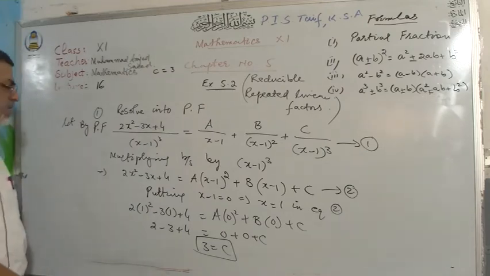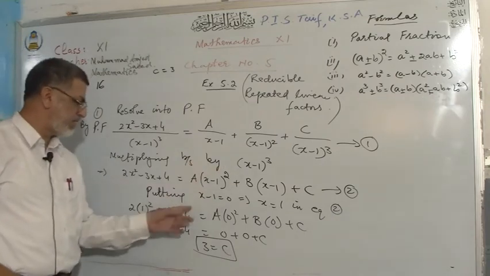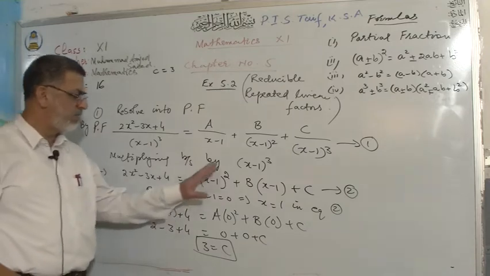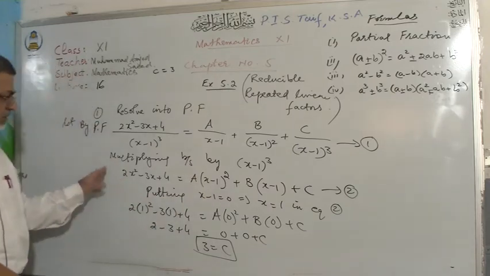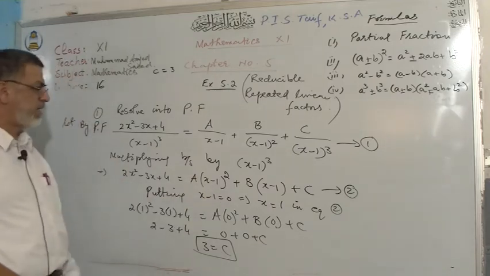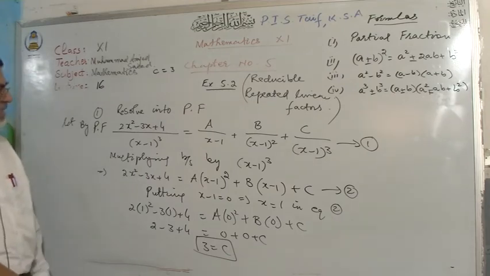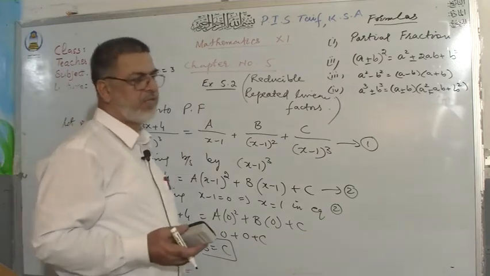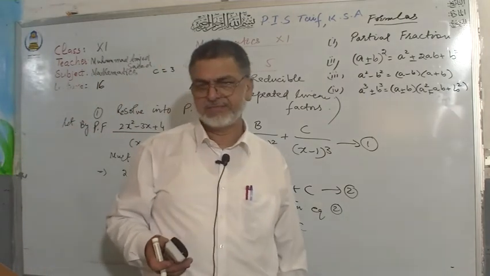After that, there was only one bracket which could be written as 0. So dear students, with this putting method we have found only one constant c, and the other 2 constants will be found with the help of the comparison method.